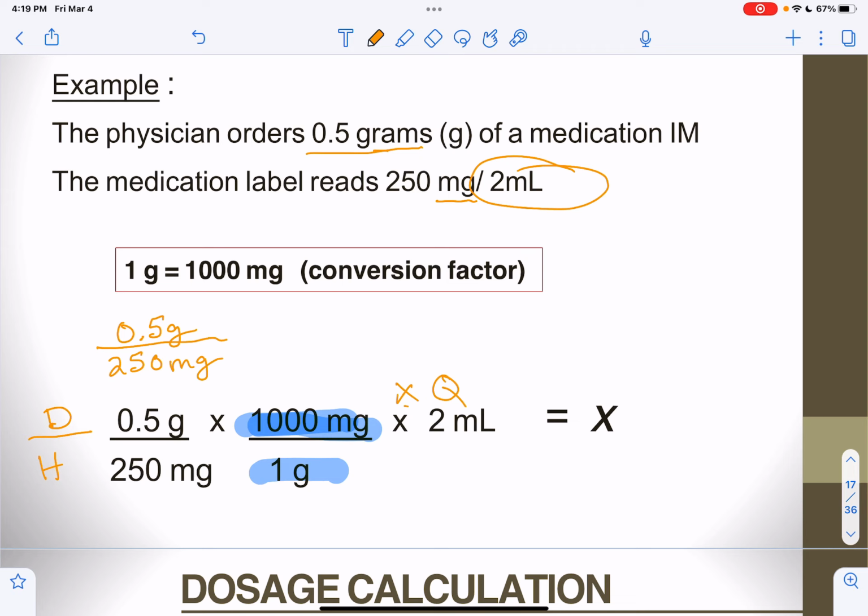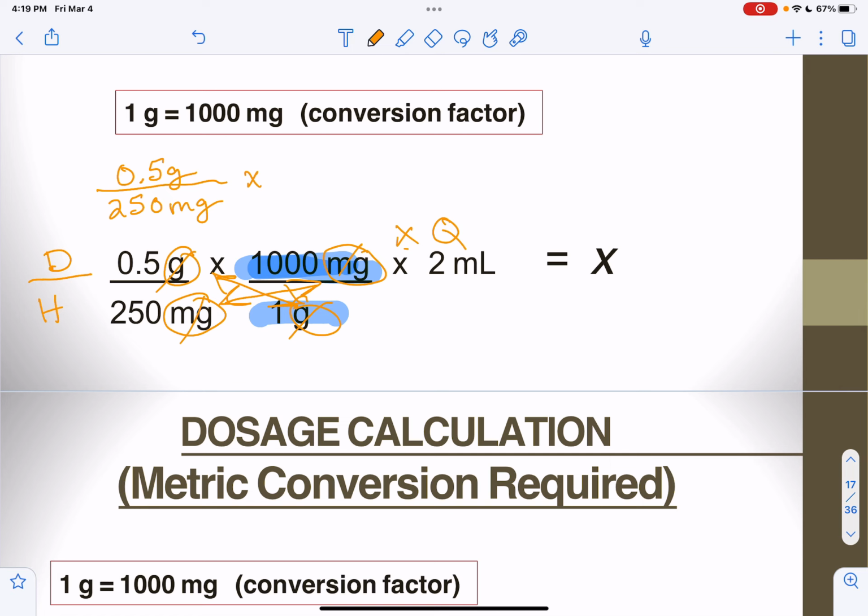Okay, so always set them up opposite from each other. That's how you can get them to cancel out. So this gram cancels out this gram, and this milligram cancels out this milligram. So we know that 1,000 milligrams is the same as 1 gram.